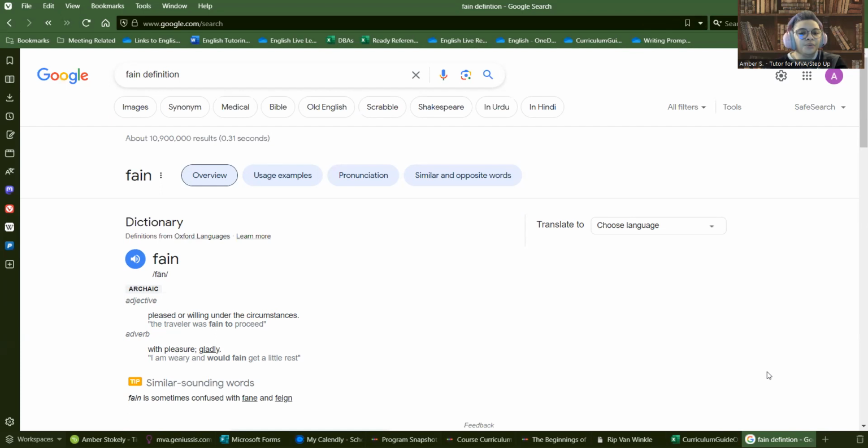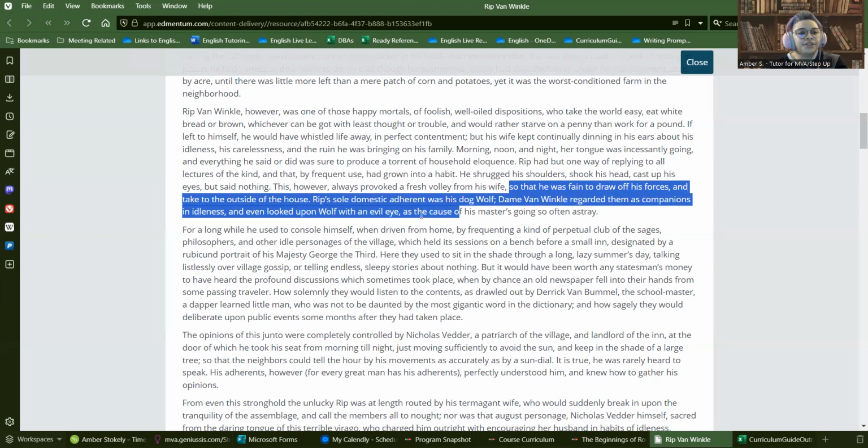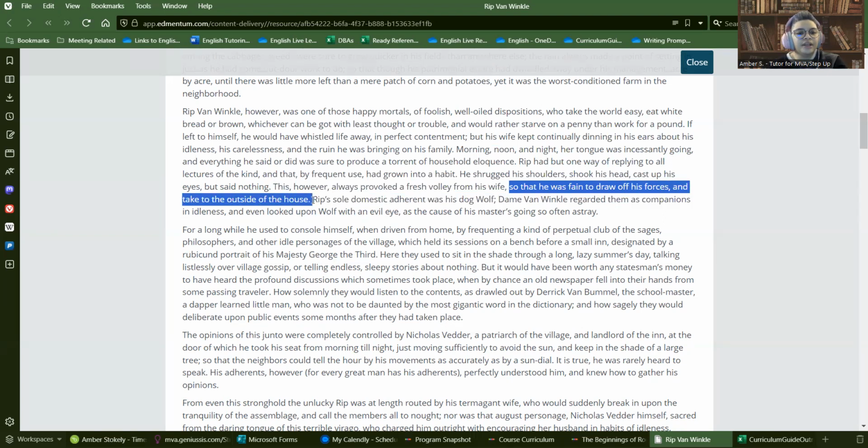So being willing to do something. So here it says he was fain to draw off his forces and take to the outside of the house. So basically, she would fuss at him. He would look up and say nothing. She would fuss some more. And then he would just be happy to leave. He's like, well, if you're just going to keep talking, then I'm just going to leave.